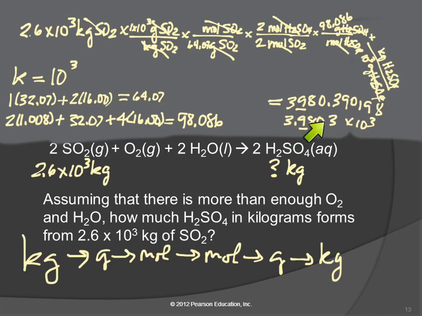The 8 causes the 9 to round up to a 10, which then bumps the 3 up to a 4. But that doesn't reduce us to 1 sig fig. We need to put the 0 in there because there's 2 significant figures. And so our final answer is 4.0 times 10 to the third kilograms of sulfuric acid.